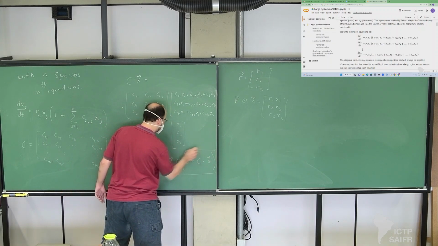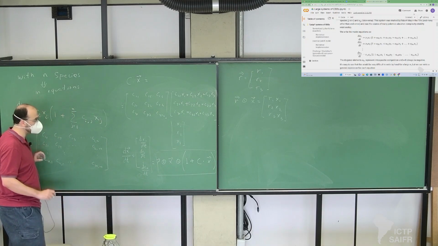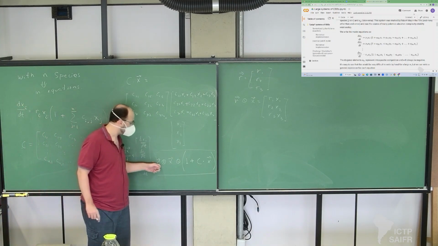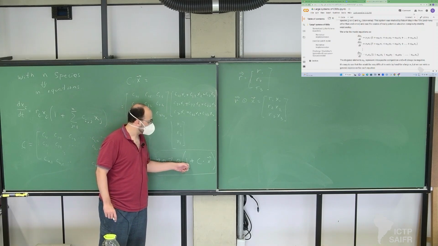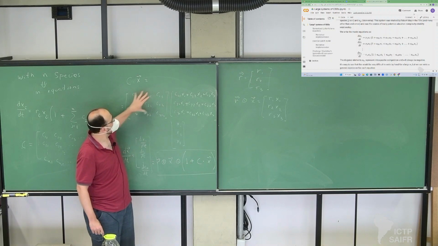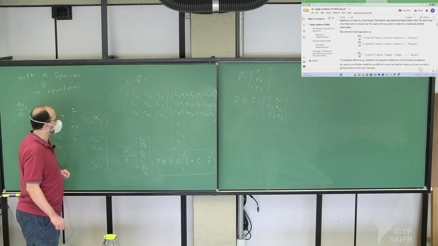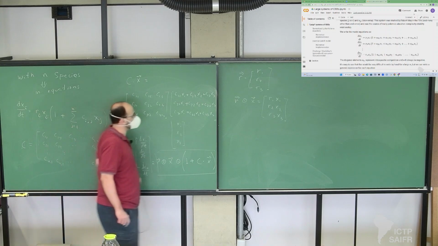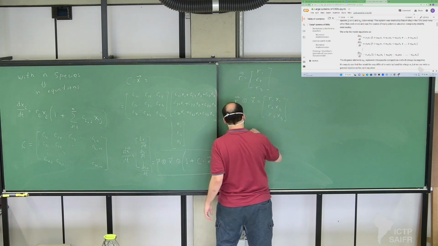So to calculate the right-hand side of this set of equations, I have to take the vector of R, multiply by the vector of X, multiply by 1 plus this matrix here multiplied by X, okay? And this matrix here has a name in ecology. This C here is usually called the community matrix, okay?